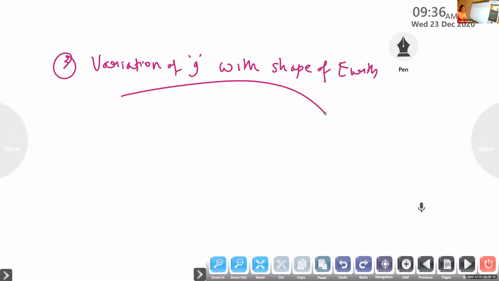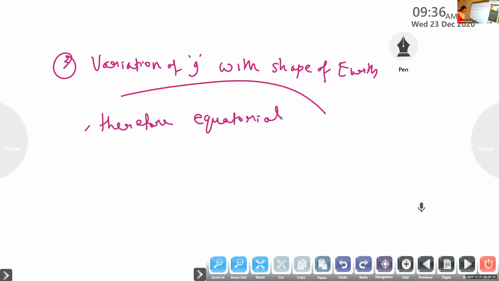In reality, earth is not a perfect sphere. Therefore, equatorial radius, that is the equatorial region. Equator is the middle part, the circle or line which passes through the midpoint of the earth.